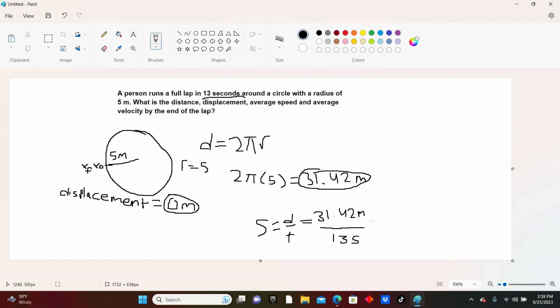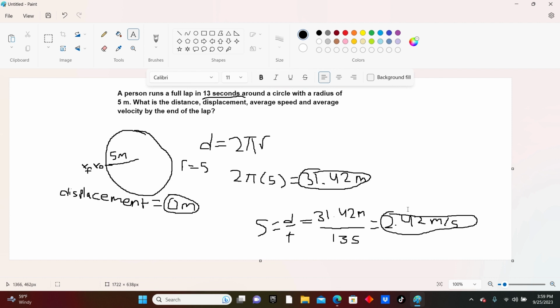If we plug this into a calculator, we should get 2.42 rounded. So 2.42 meters per second, rounded. This is our speed. Let's label it there, and label the distance as well.